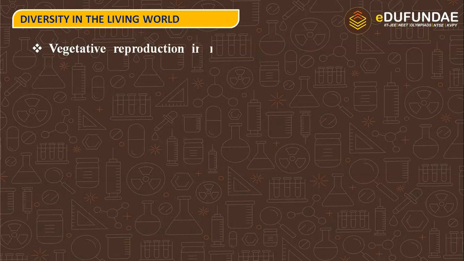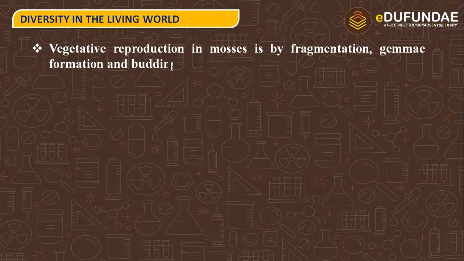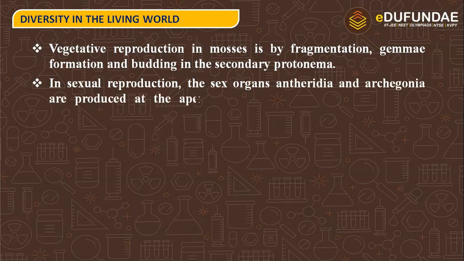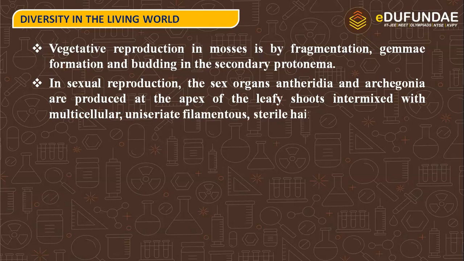Vegetative reproduction in mosses is by fragmentation, gemma formation and budding in the secondary protonema. In sexual reproduction, the sex organs Antheridia and Archegonia are produced at the apex of the leaf shoots, intermixed with multicellular uniseriate filamentous sterile hairs called paraphyses.